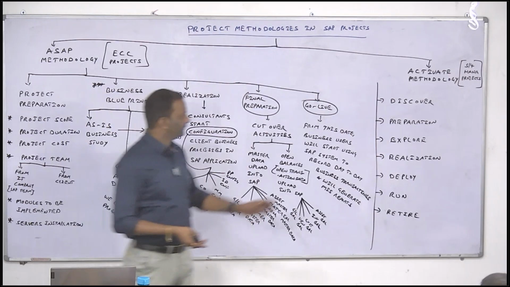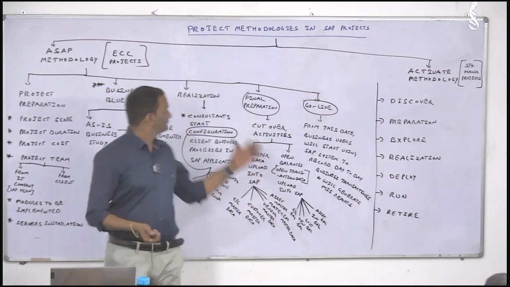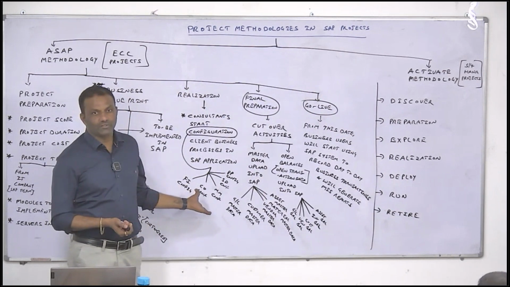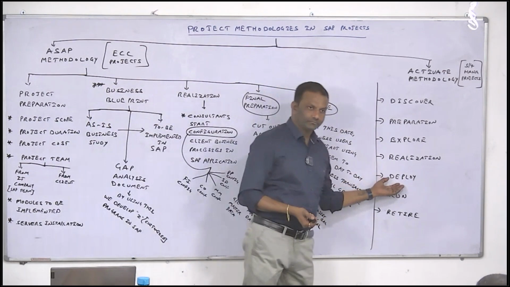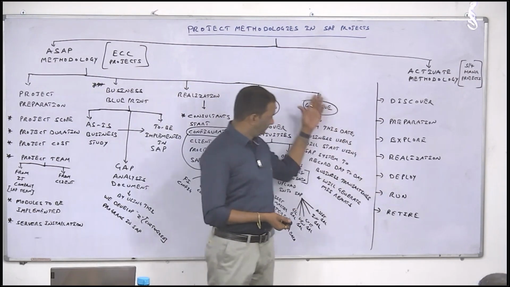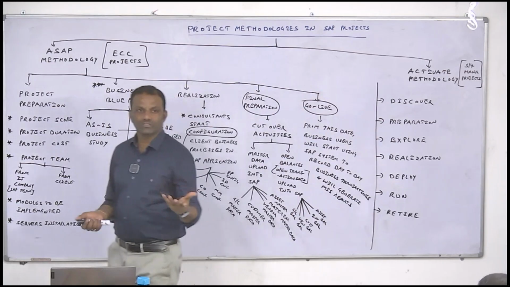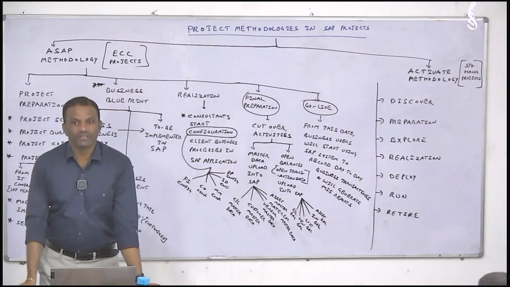In which phase? Explore. Then what is the fourth one? Realize. What do we do in realize? Configure. Then? Deploy. Then? Users will run. Then what is the last one? Project close.